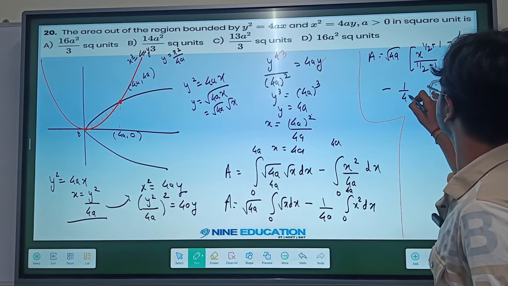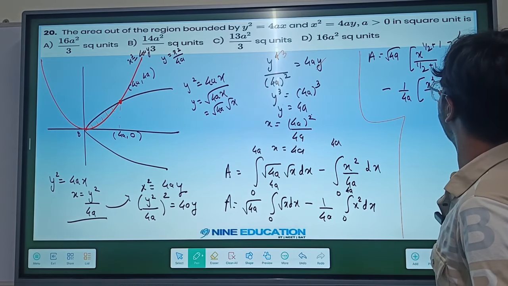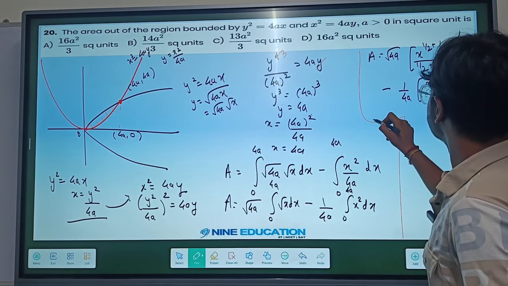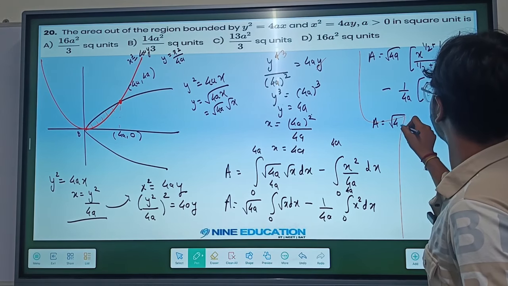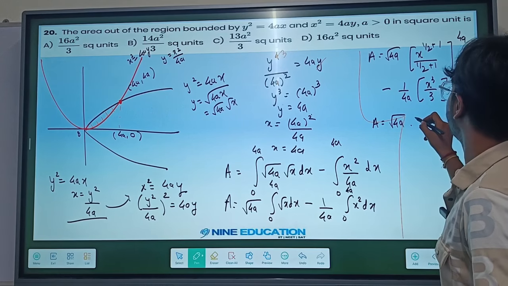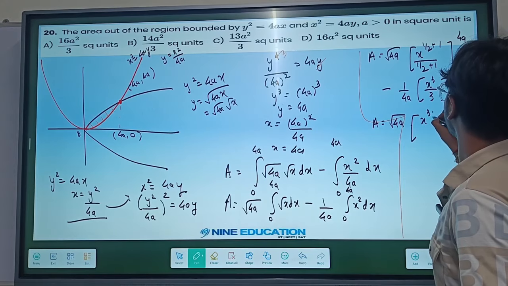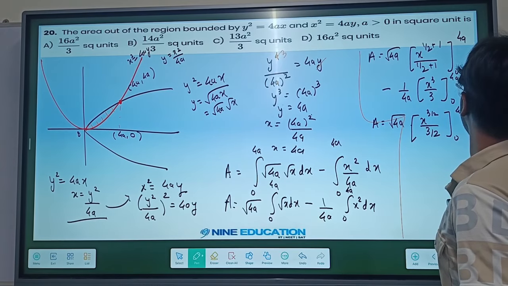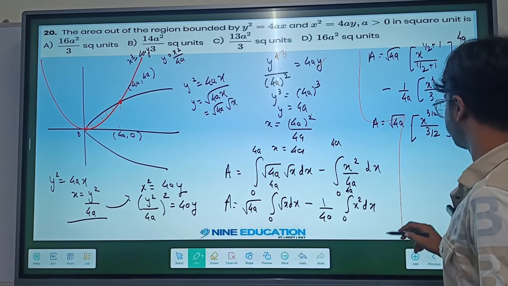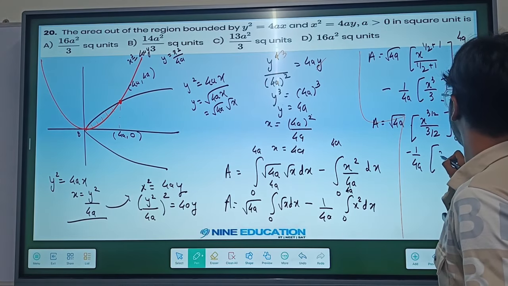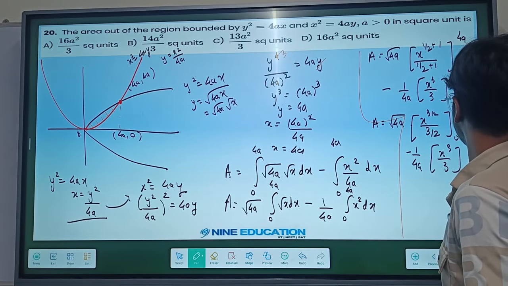Minus 1 by 4a, x square integrates to x cube by 3, from 0 to 4a. So area would be equal to root 4a, this is x power 3 by 2 divided by 3 by 2, from 0 to 4a, minus 1 by 4a into x cube by 3 from 0 to 4a.